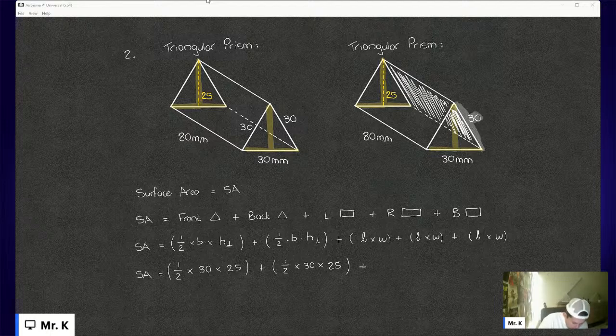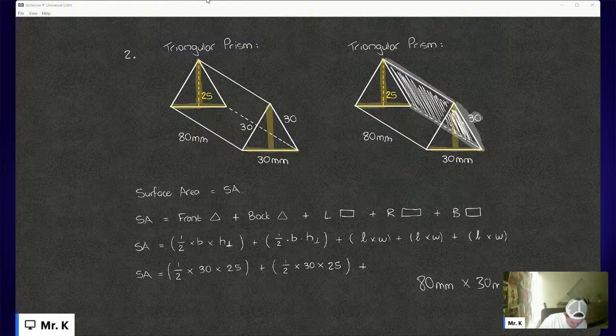But how long is it? It also has to be 80 millimeters long. So that is the second rectangle, 80 millimeters by 30 millimeters.